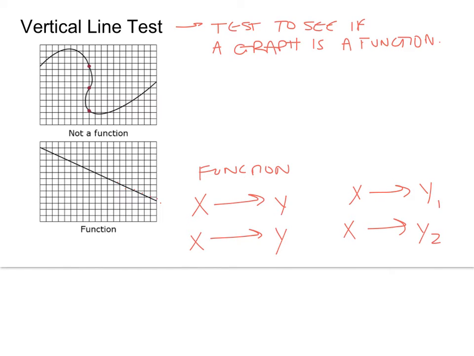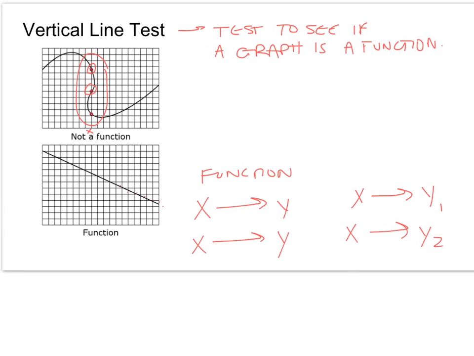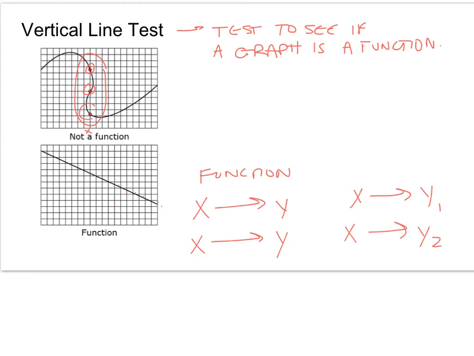That's why this one does not pass the vertical line test, because for this x right here, it's got 1, 2, 3 values here. And as we look at that, that means that this single x maps to 1, 2, 3 values. And so the vertical line test tells us if it's a function, because it tells us how many y values am I getting for any one x?